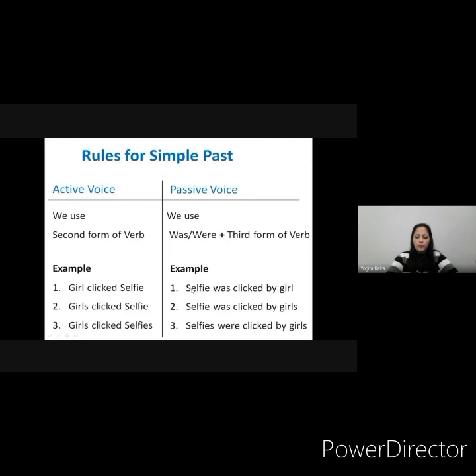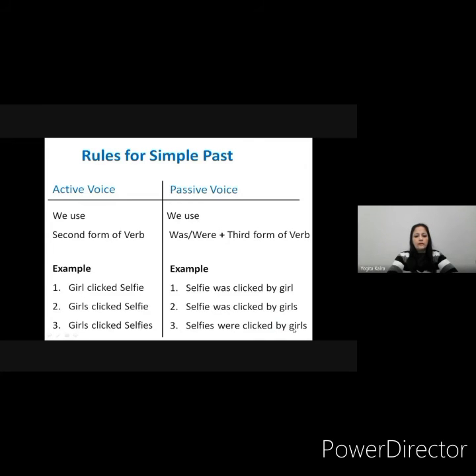While changing into the passive voice, it becomes: selfie was clicked by girl. Girls clicked selfie, so it will become: selfie was clicked by girls. And in the third sentence, girls clicked selfies, so here it has become: selfies were clicked by girls.